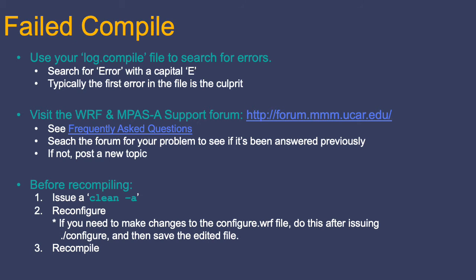Check out the FAQ section there to see if your problem is mentioned, or try searching to see if you can find your problem with a resolution. If not, then post a new topic. Once you have a solution, make the corrections, and then you'll need to issue a clean -a to clean up the code, then reconfigure and recompile, and hopefully it will be successful the next time.